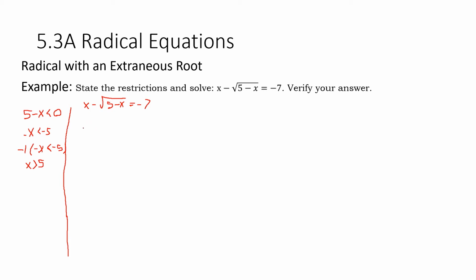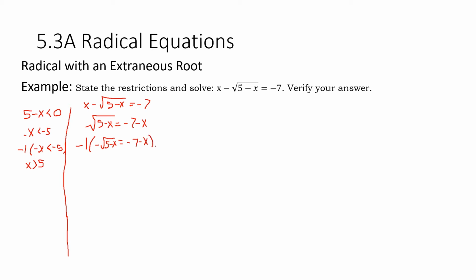So subtract x from both sides, and you'll have negative root 5 minus x equals negative 7 minus x. To get rid of this negative, we need to multiply the whole equation by negative 1. And we get root 5 minus x equals 7 plus x.